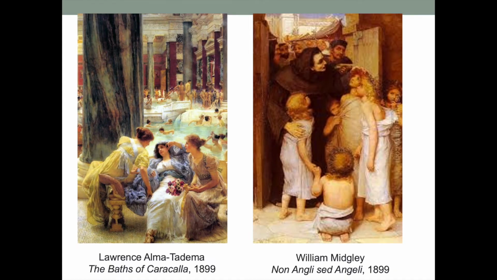So we have one late 19th century painting showing the imagined scene in a Roman bath, this time the bath of Caracalla in Rome, but I would say probably the functioning of the Roman baths in Bath were quite similar.